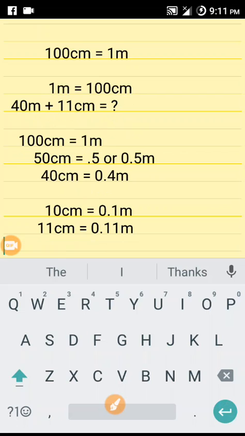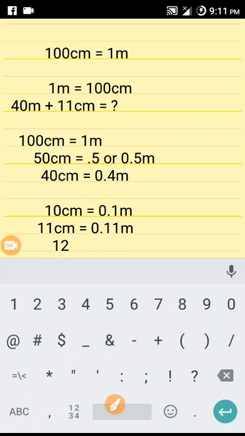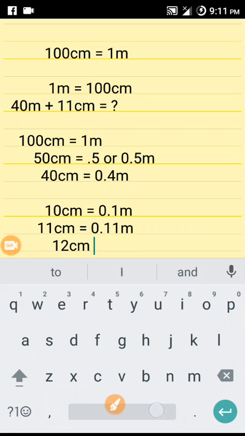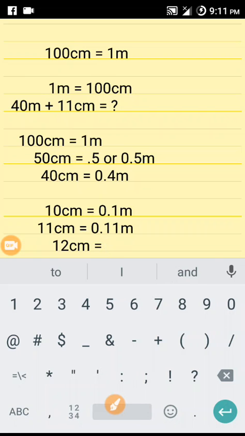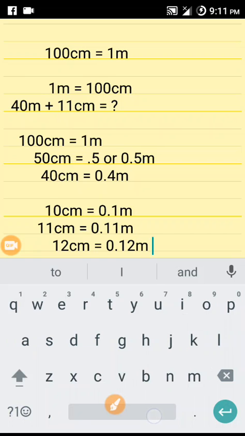If you have 12 centimeters, it will give us 0.12 meters.